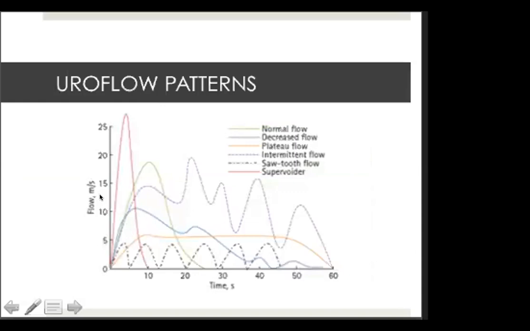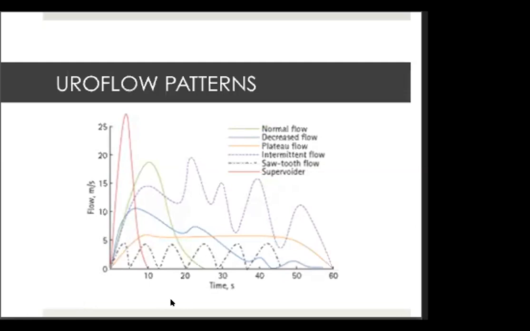So, for the patterns, yun nga, yung normal flow natin is bell-shaped curve. Then, next, for the decreased flow, this is the blue line. This is the most common abnormal flow trace seen in patients in practice and represented by a dampened curve with a decrease in Qmax and prolonged flow time.